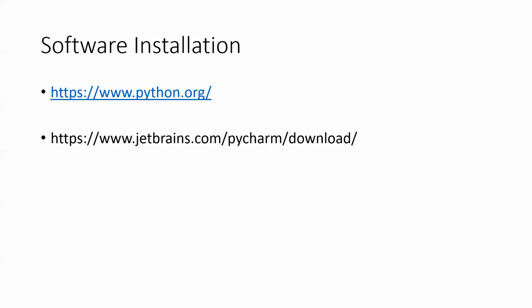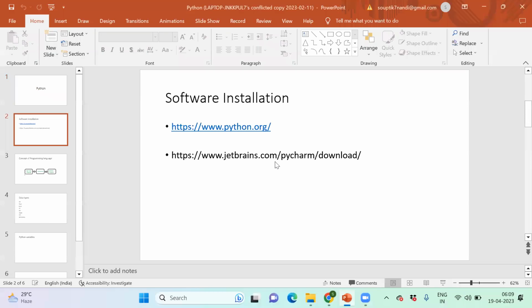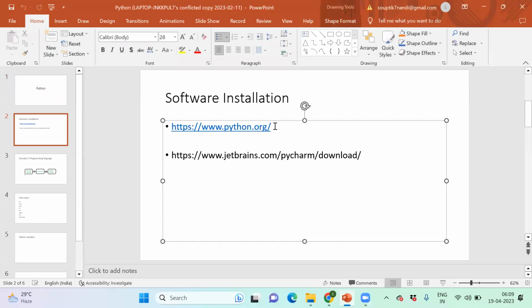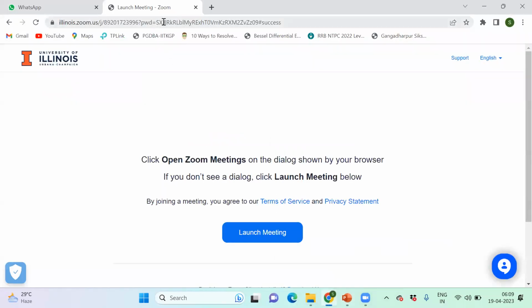So where can you download Python? If you are totally new to Python, then you need to install the software on your system. It's not a big software. So just go to this particular link and you should be getting the latest version. I'm just pasting the same thing in the chat.